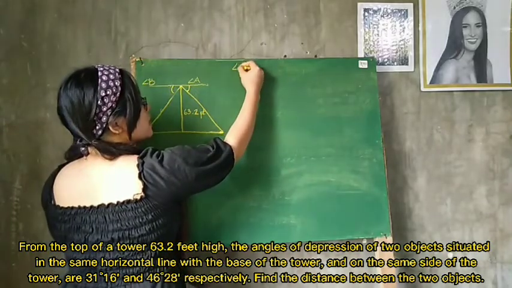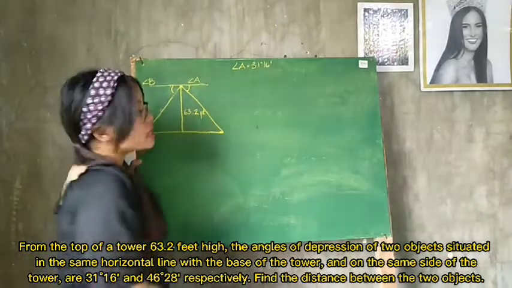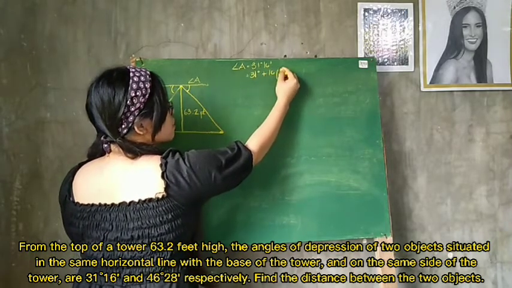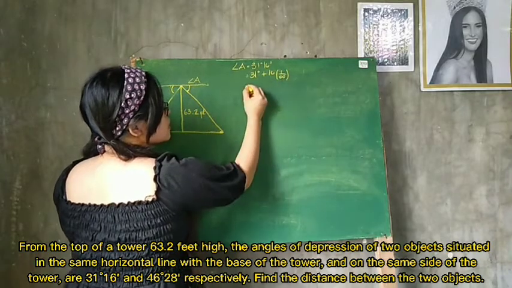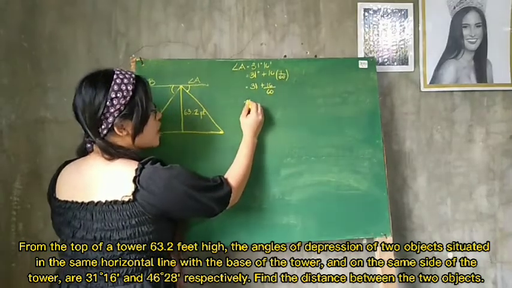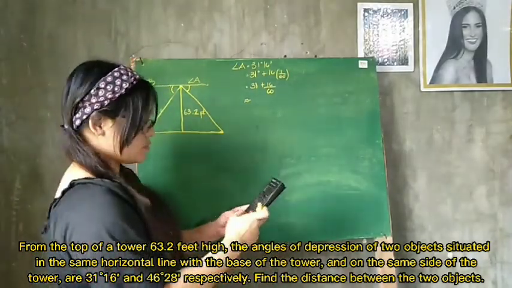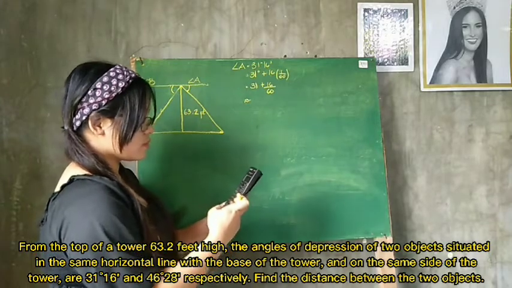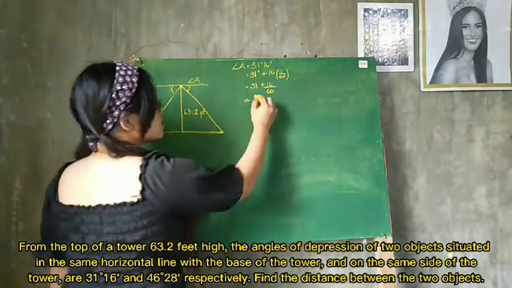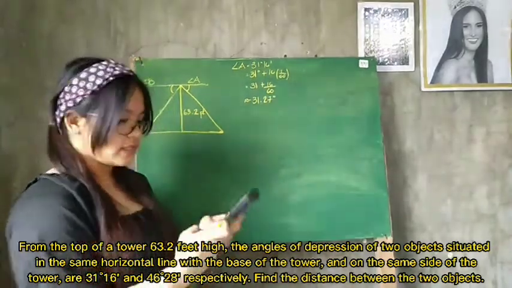Our angle A is equal to 31 degrees plus 16 times 1 over 60, which is 31 plus 16 over 60. We have approximately 31.27 degrees.